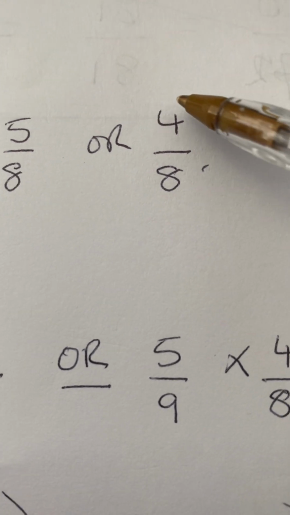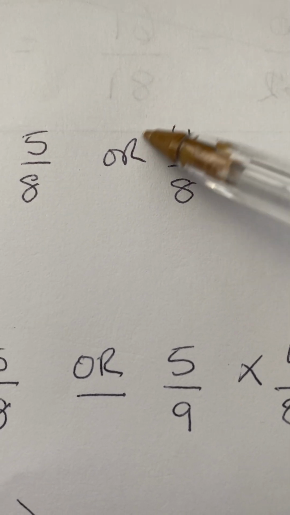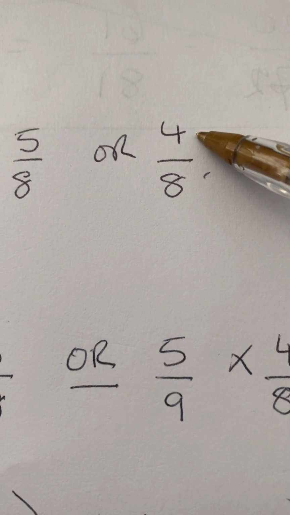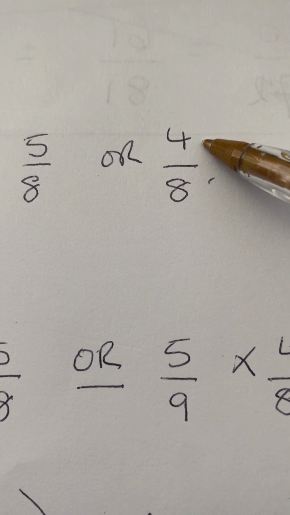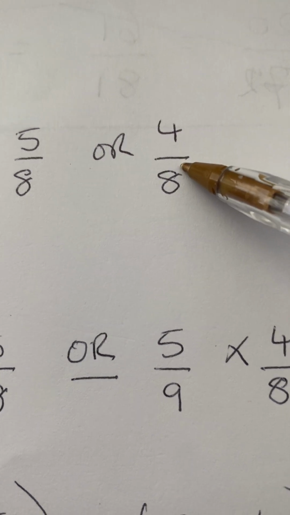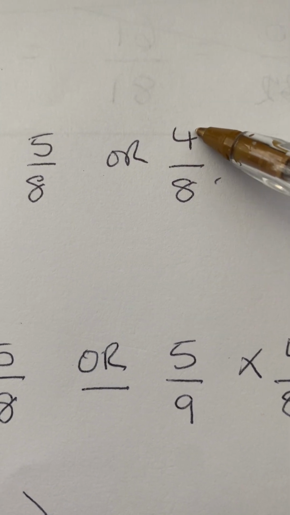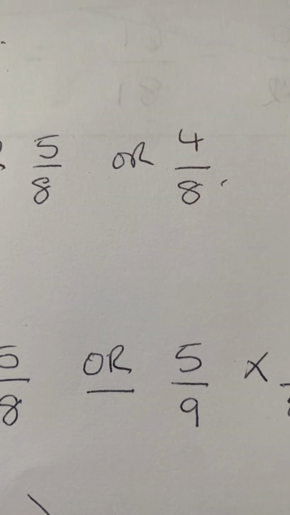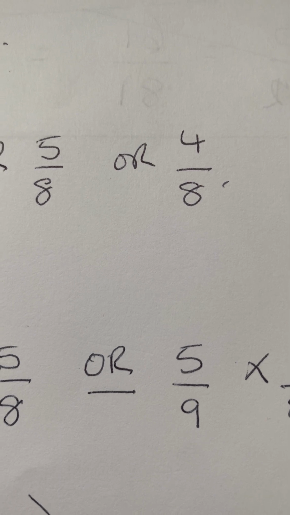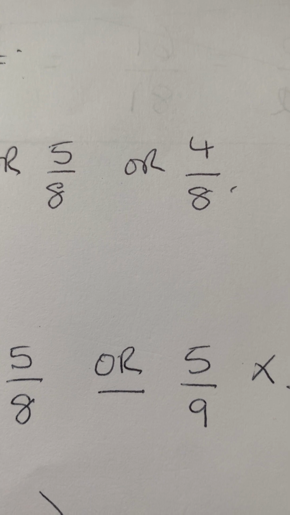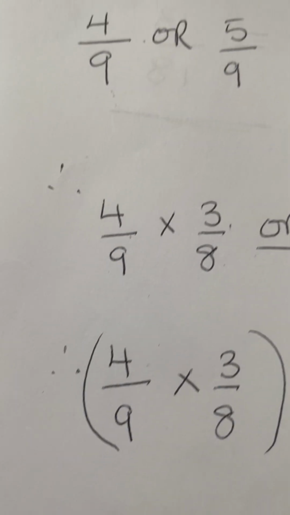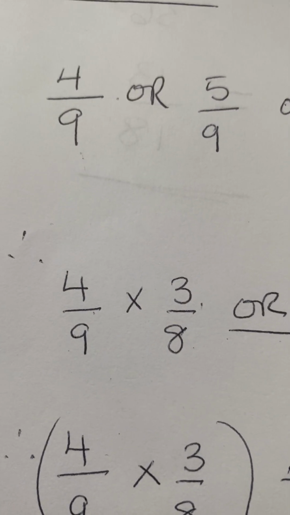Or you can pick one which is not blue, but you've picked one out, so it's not blue, so you have 4 over 8. Okay, so what do we have here?